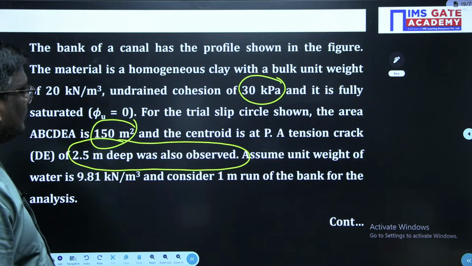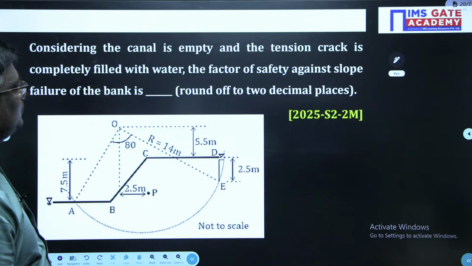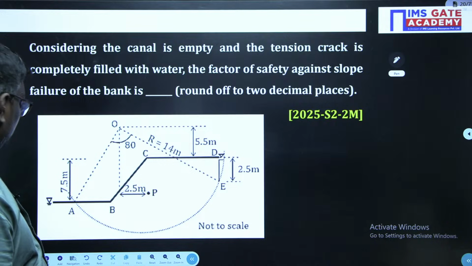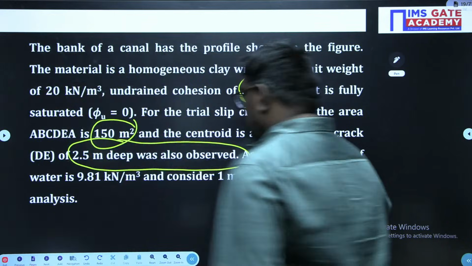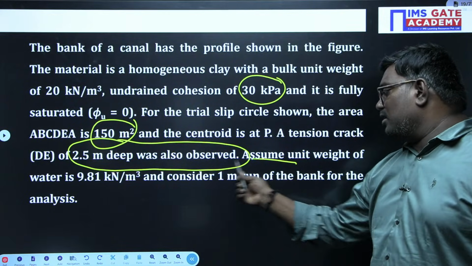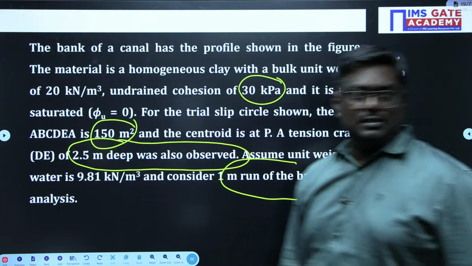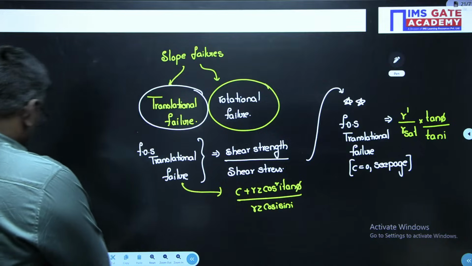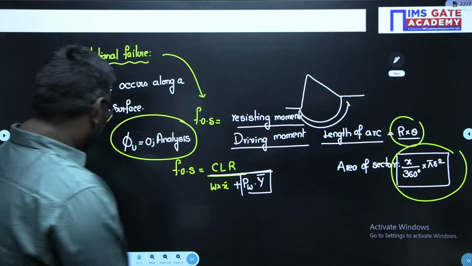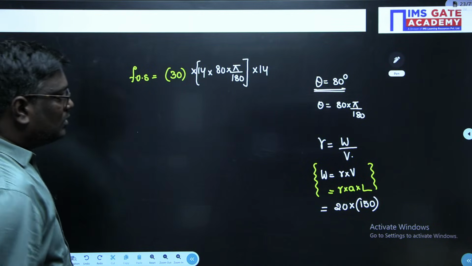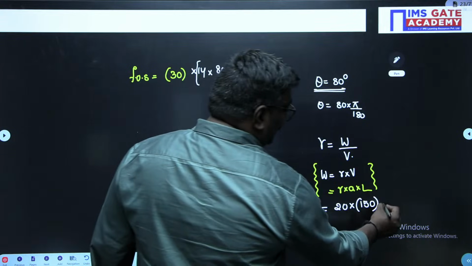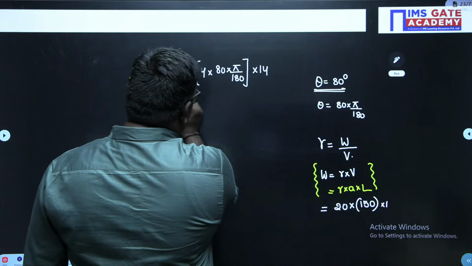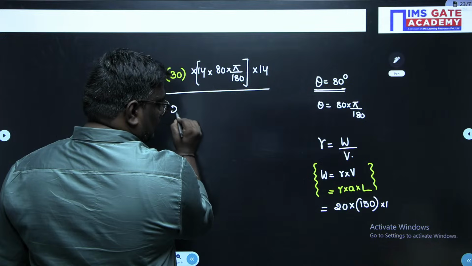The question considers 1 meter run of the bank for the analysis, so we can take length as 1 meter. So weight is 20 into 150 into 1.